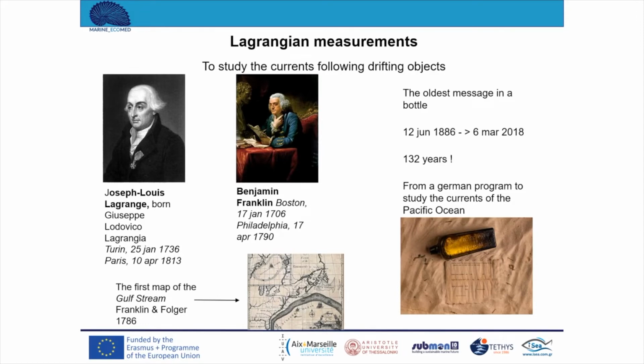Very recently, last year, a bottle released in the 18th century was found on the Australian coast and was part of a German program to study the current in the Pacific Ocean.